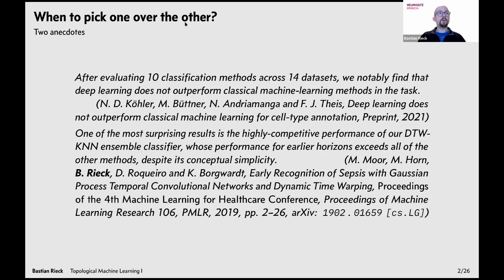Okay, so one piece of anecdotal evidence that it's not always required. In our own work by my colleague Michael and a couple of colleagues, we looked at some kind of patient classification, and as we wrote in the paper, one of the most surprising results is the highly competitive performance of our DTW KNN classifier, whose performance for earlier horizons, so that's a prediction horizon, exceeds all of the other methods despite its conceptual simplicity.